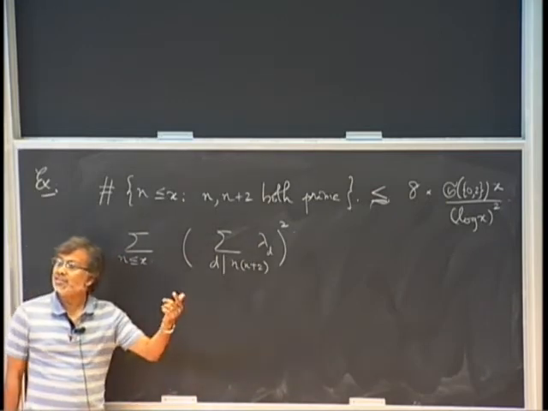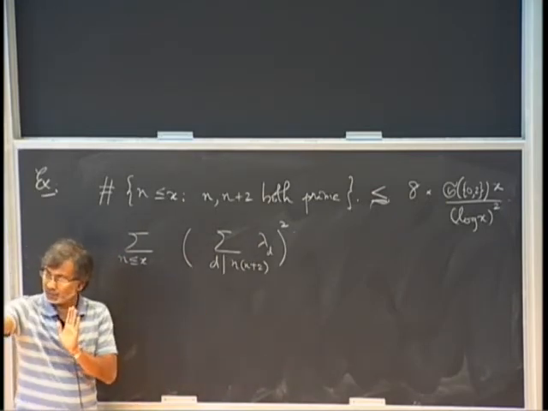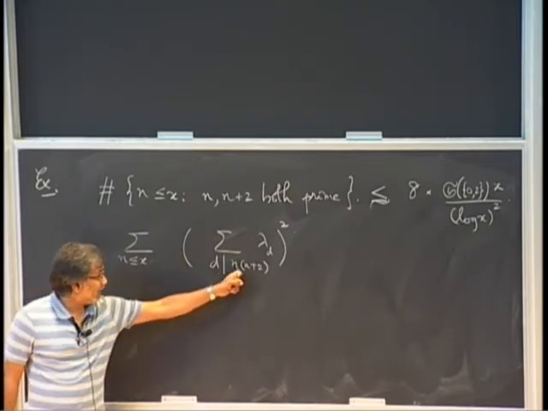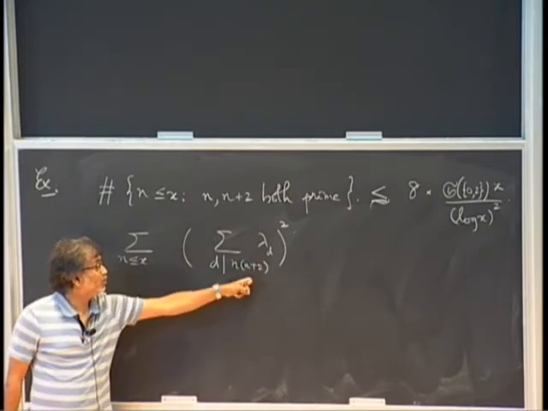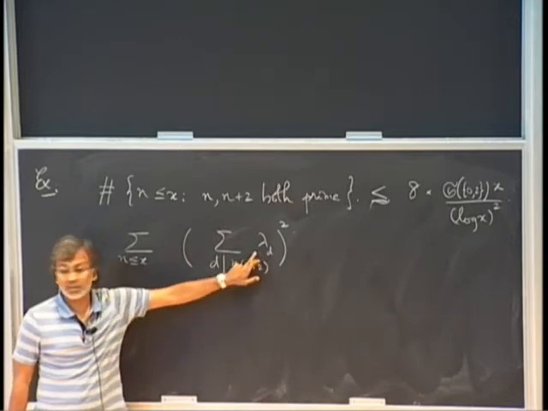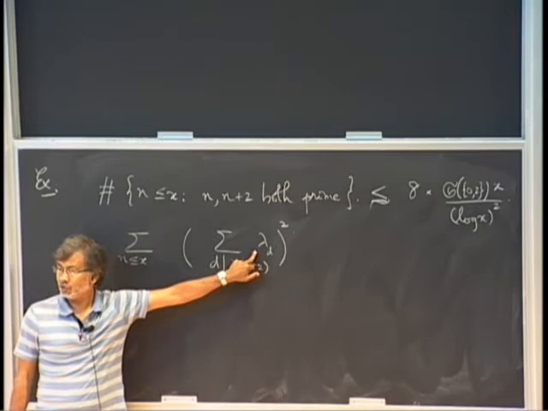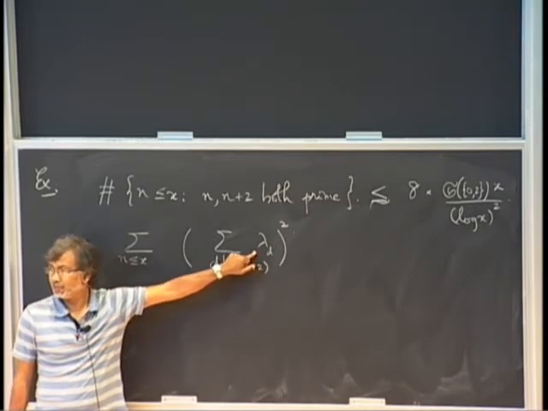Again, imagine the lambda d's are supported on numbers up to some point z, which is fairly small. So if n and n plus 2 are both prime, then I'll only have one divisor being counted, namely lambda 1, and that'll be 1. So this will be an upper bound for twin primes.